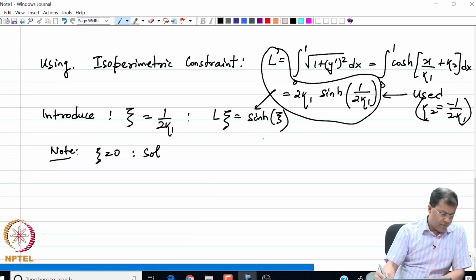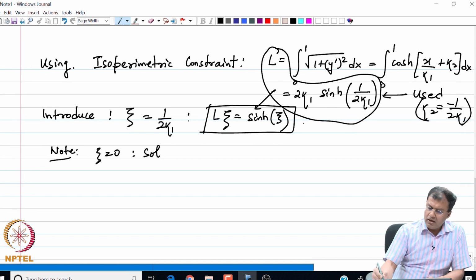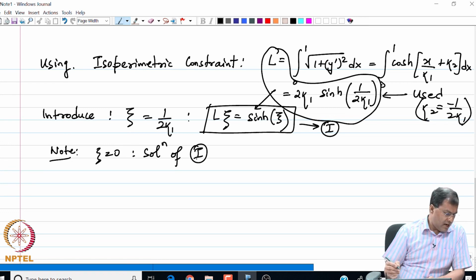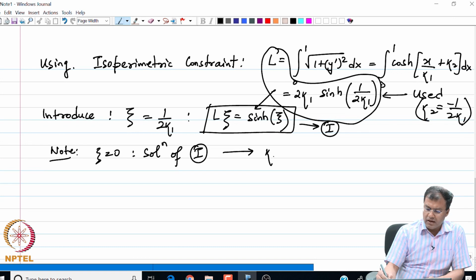Let me call this equation 1. So, xi equal to 0 is a solution of 1. Since xi is 1 by 2 kappa 1, this means that kappa 1 goes to infinity.